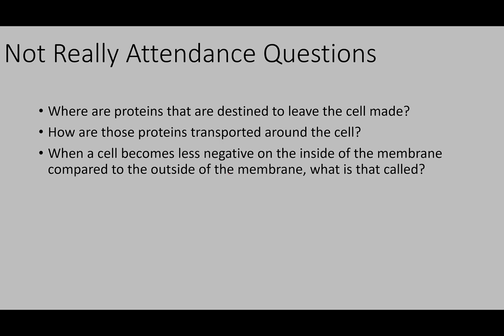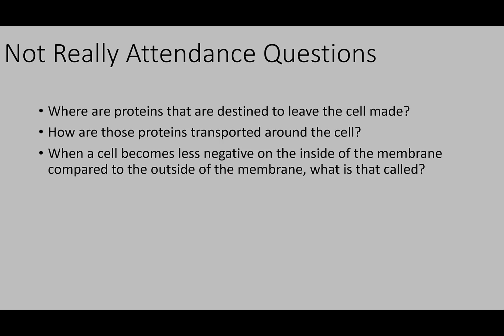Okay, hopefully everyone has done that, so let's take a look to see what the answers are. First, where are proteins that are destined to leave the cell made? This takes us back to chapter 3 when we were studying the cell to begin with. Remember, proteins are always made on ribosomes, regardless of where those proteins are going to be used.